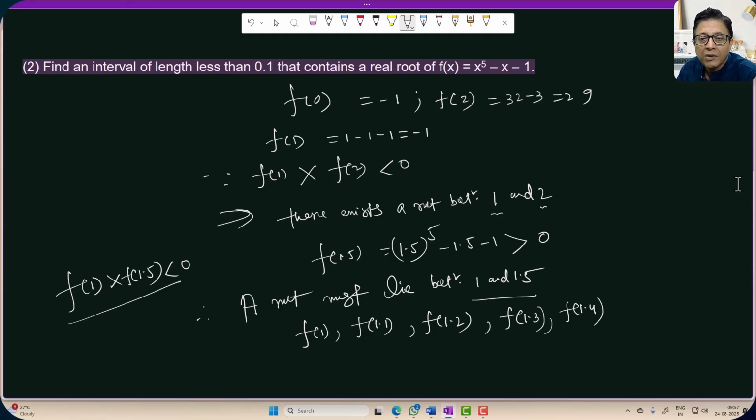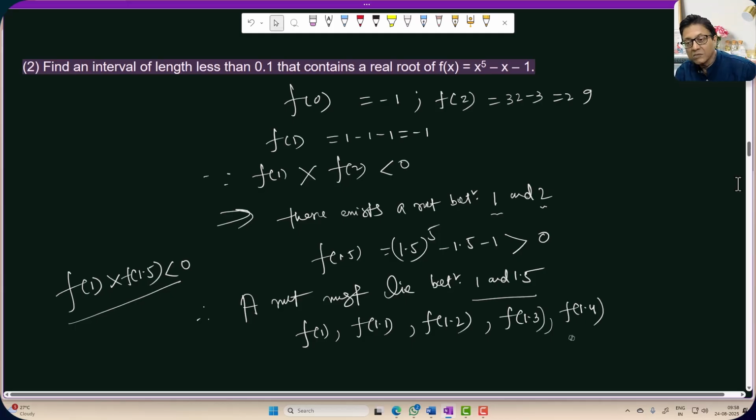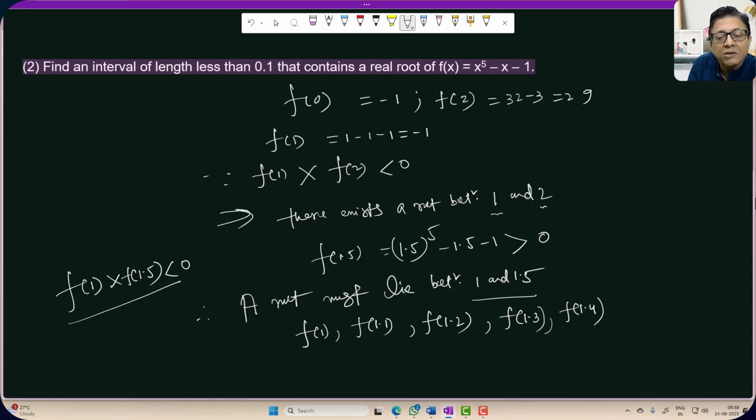Now what about f(1.1)? So let us check this one first. f(1) is negative. f(1.1) is going to be 1.1 to the power 5 minus 1.1 minus 1.1 to the power 4.